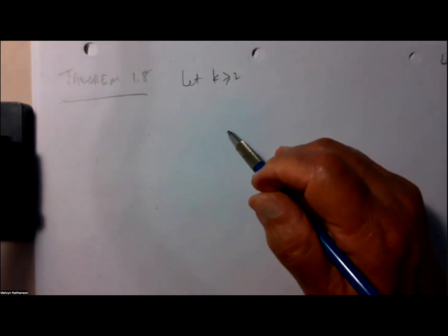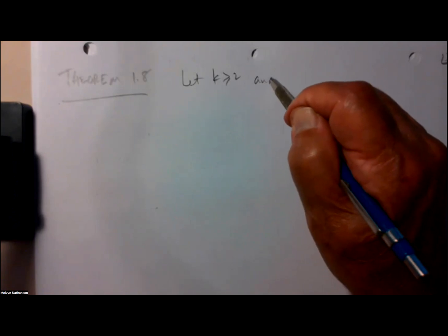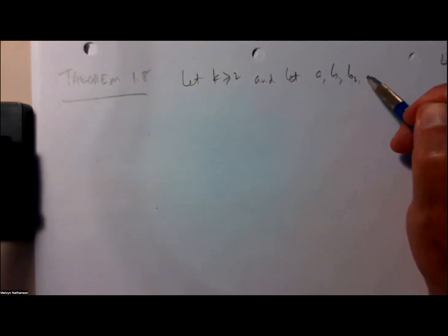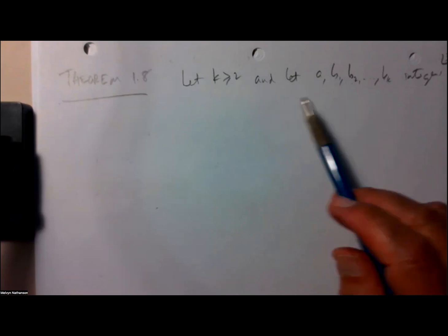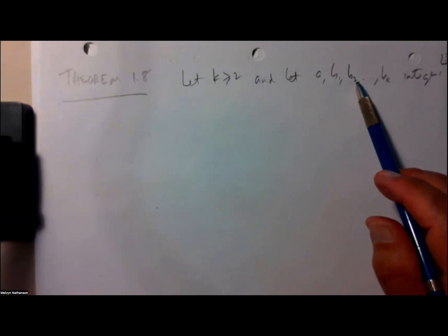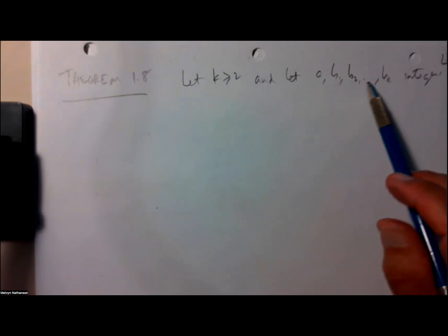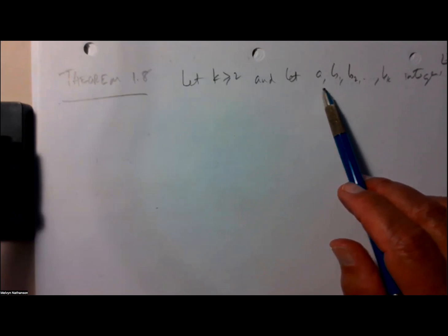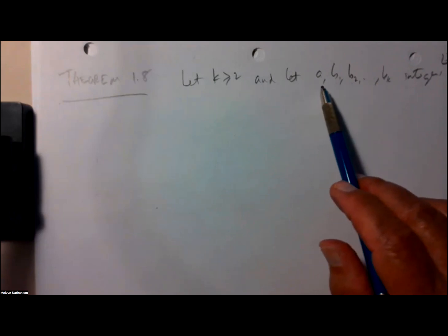Let K be greater than or equal to 2, and let A, B1, B2, B3, and so forth up to B sub K be integers. So Euclid's lemma was the case K equals 2. There I just called them B and C, but here I have 3, 4, or 4 trillion integers, B1 up to BK. Now let these be integers.